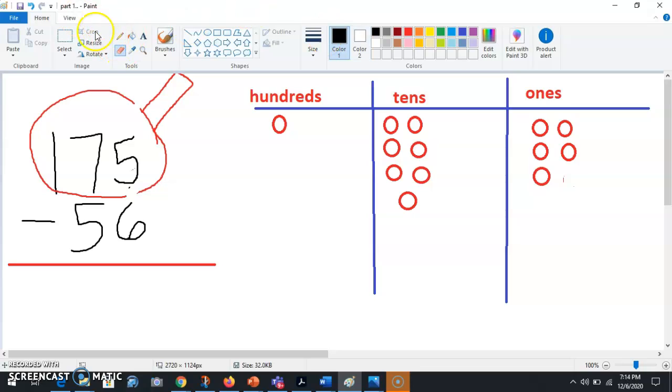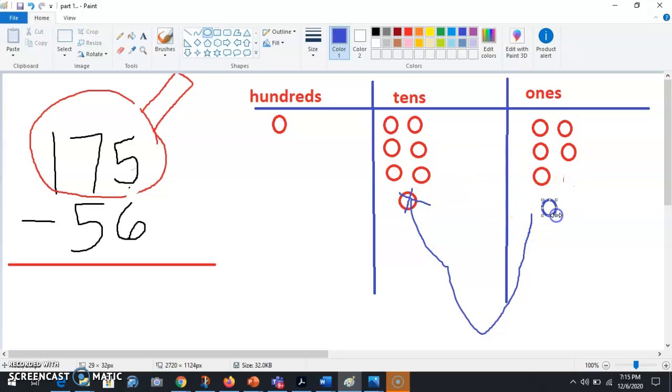So that means we unbundle from the tens. What do we do, boys and girls? Yes, we unbundle from the 10. So that means we're gonna cross out a 10. Let me change color. I want it blue. So I want to cross out this one right here, and we're gonna decompose. Okay, and we want to make 10 ones. Okay, so we can have enough to subtract.